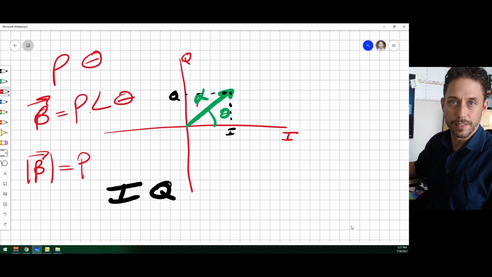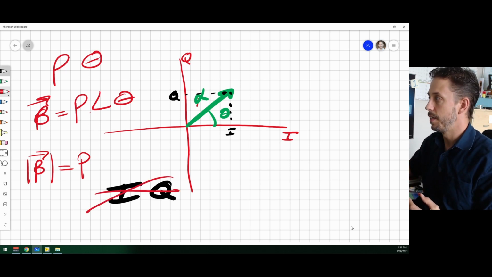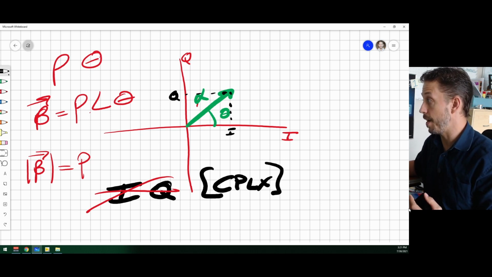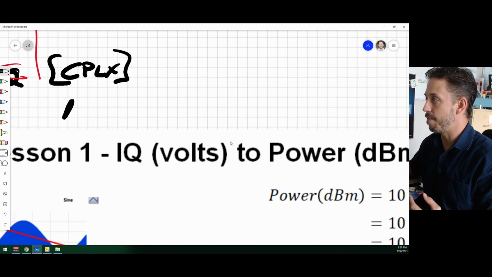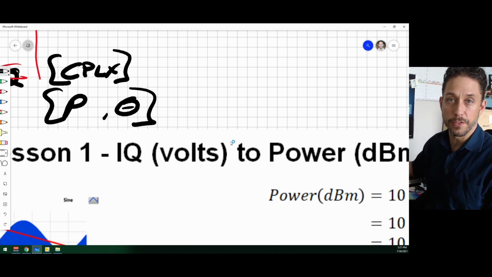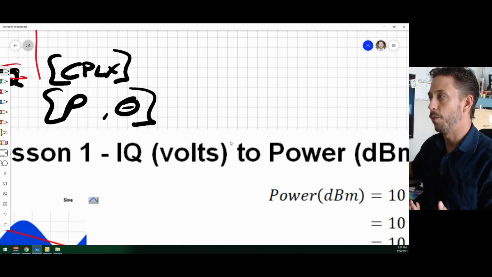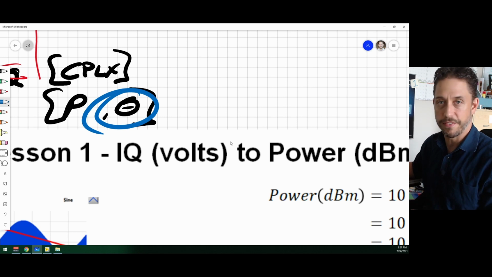then all of a sudden your data set, this complex data set, don't think about it as I and Q, think about it as complex data, or even an array of complex data. And then think about it as really an array of magnitude and theta as well. Because very often in communications, you care a lot about the power of the signal. Well, knowledge of the power of the signal has nothing to do with the phase.